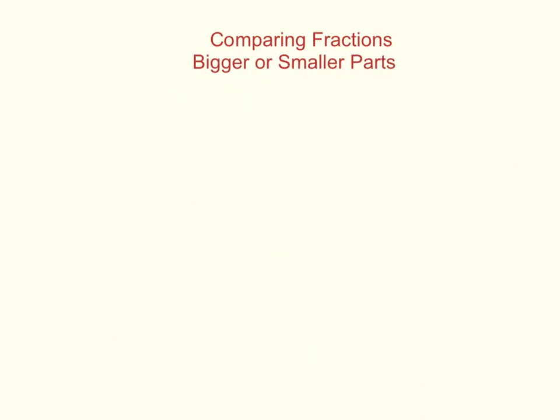Okay, so one last thing that we want to look at is bigger or smaller parts. Now, this is a pretty easy concept to think of. I'm going to draw a model to show you what we're going to compare today. And let's do 7/8 compared to 8/9. Now again, we have denominators that are different, 8 and 9.